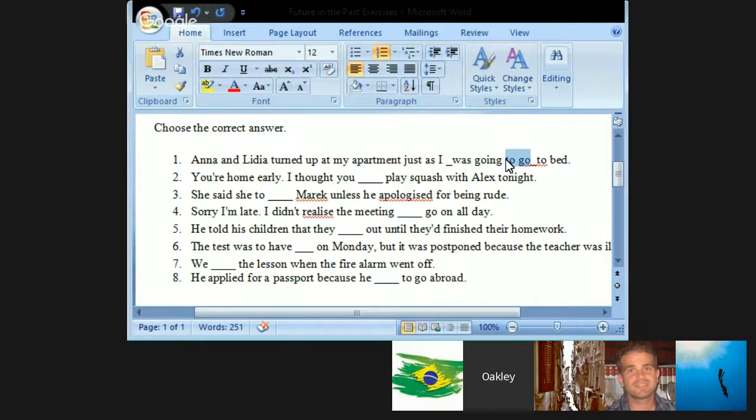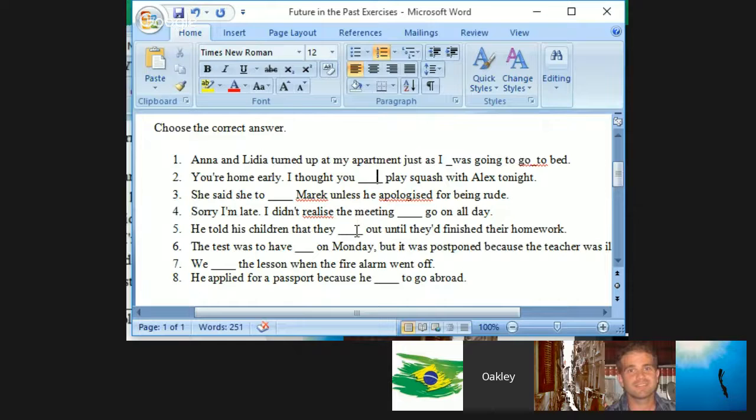Going to go to bed, you're shutting off the lights and you're letting the cat in the house. You're still not in the bedroom yet. There's a subtle but slight difference there. That is a good example of how the meaning can be changed slightly. All right. Good job. Ale, number 2.